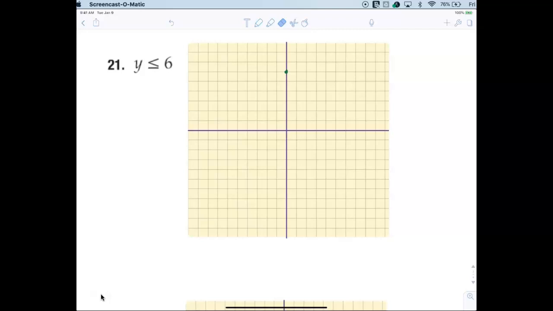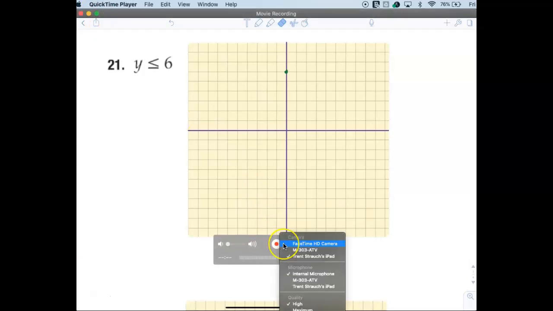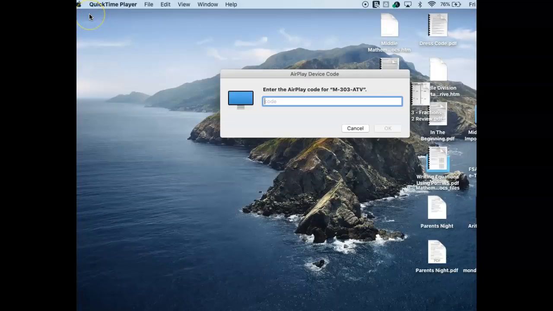All right, now what I want you to do is take out your handy-dandy calculators, so I can show you something kind of cool. Now, what I'm going to try to do is close this. I don't know what that was.